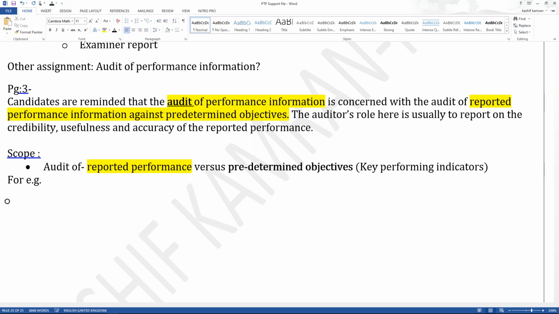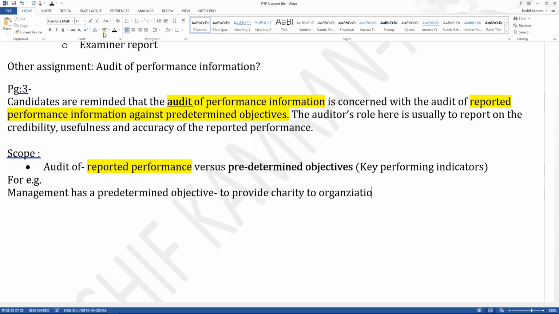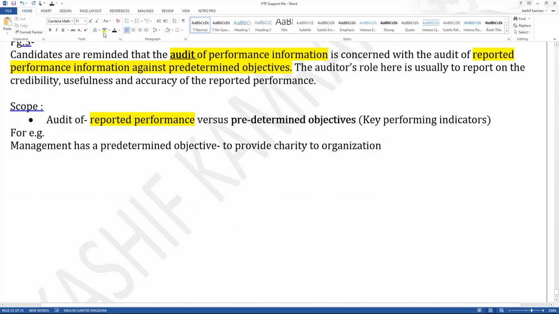Now, for example, the management has a predetermined objective to provide charity to organizations. So that's their objective, right? That is their corporate social responsibility, to provide charity to the organization.